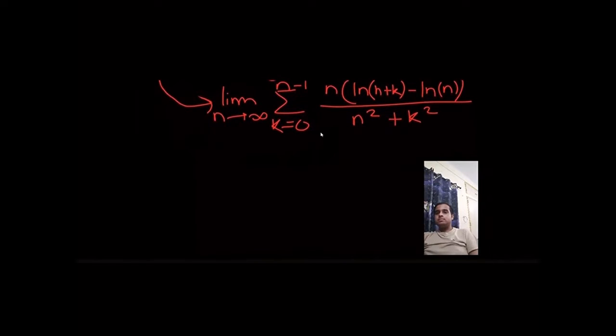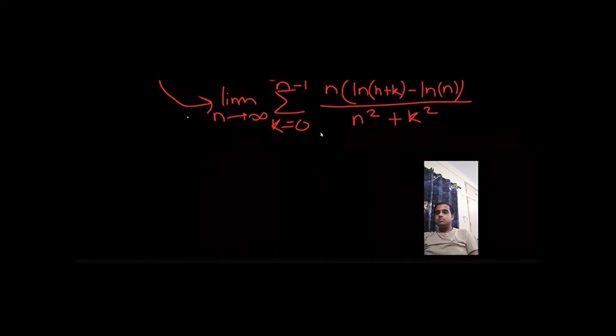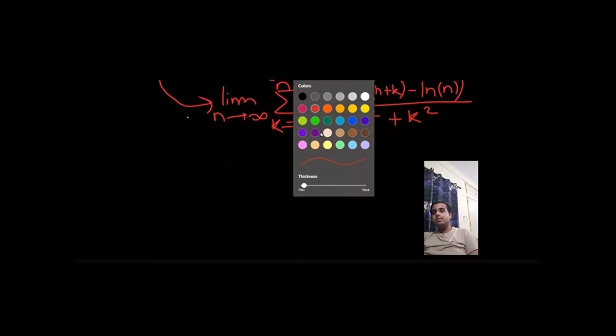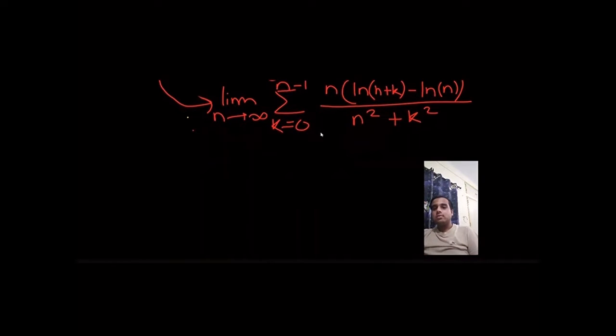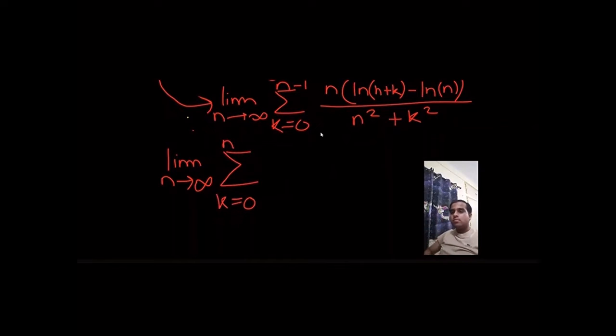So we will solve it. I'm choosing the color with which I will write. So limit of n approaching infinity, summation k equals 0 to n minus 1 of the function here.